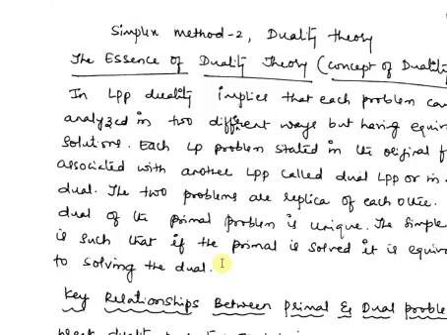Transposing is nothing but the reversing of rows and columns. So this program can be rewritten by transposing the rows and columns of the algebraic statement, or the constraints or equations that we have in the problem, right?